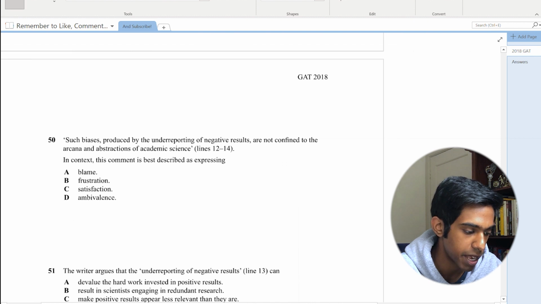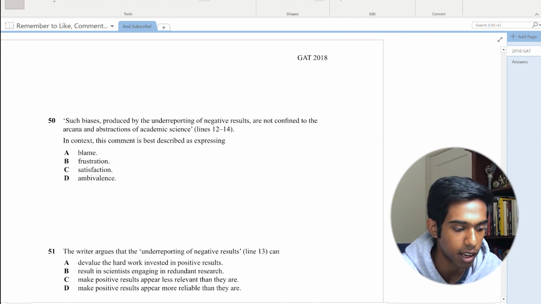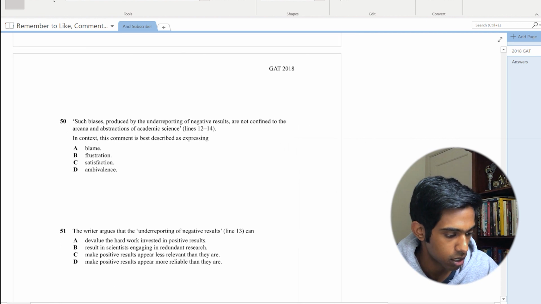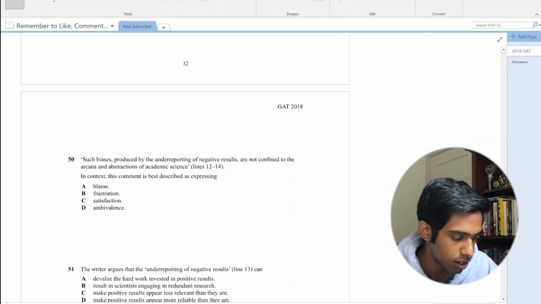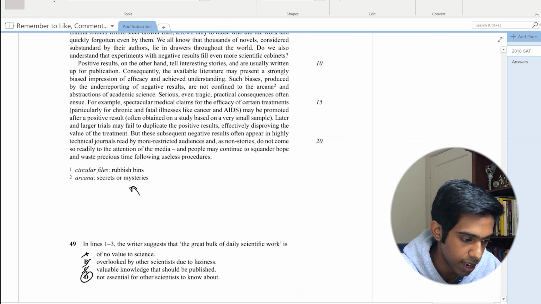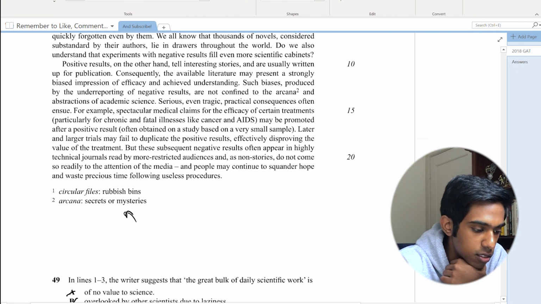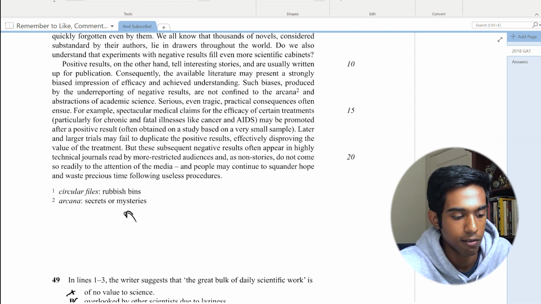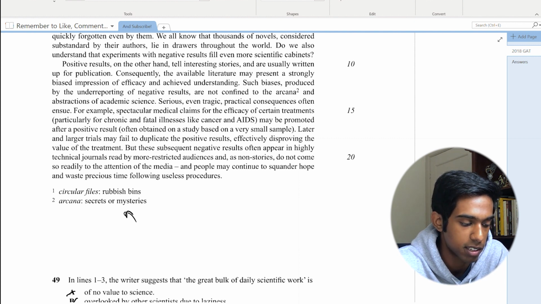Okay. For the next one, such biases produced by the underreporting of negative results are not confined to the arcana and abstractions of academic science. So in this context, this comment is best described as expressing. So we'll read around it. Positive results, on the other hand, tell interesting stories and are usually written up for publication. Consequently, the available literature may present a strongly biased impression of efficacy and achieved understanding.